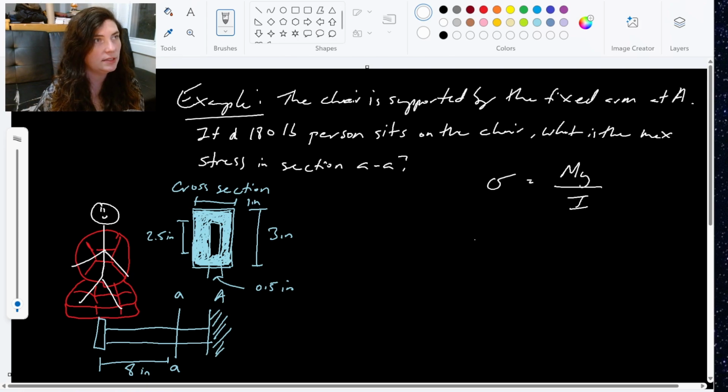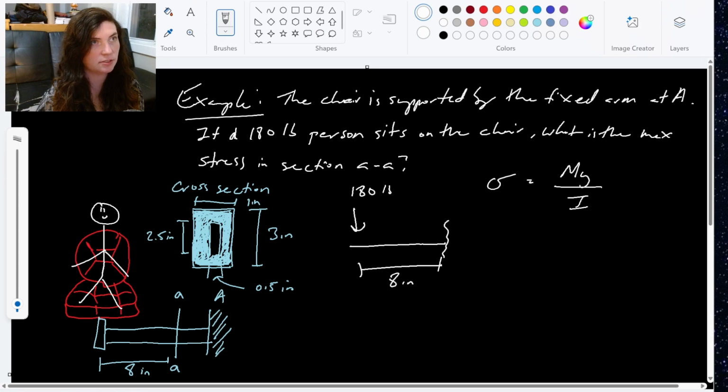Now our moment, we'll notice we're not given a moment outright. We're going to have to find one. And again, we want to know what's happening at section AA. So if I were to draw myself a little free body diagram here, I have my 180-pound person who is 8 inches away.